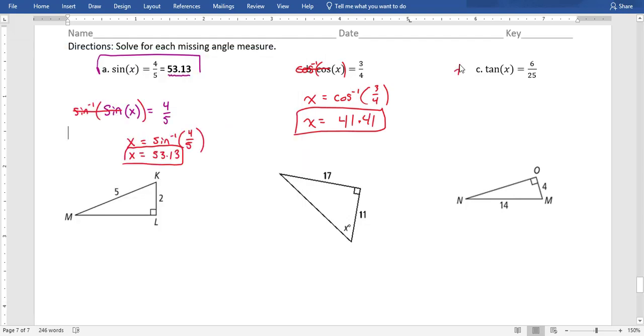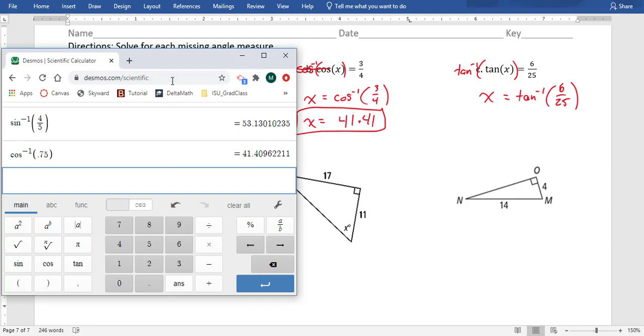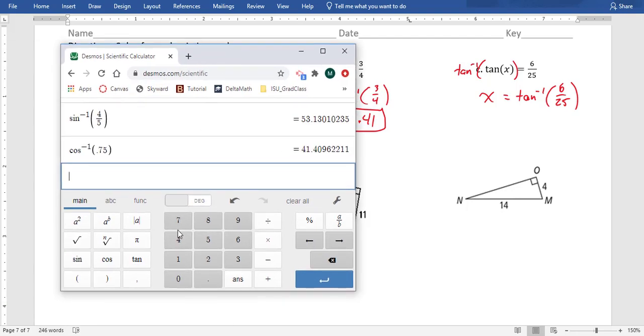Finally, let's do one more equation here. To get rid of a tangent, we need to use inverse tangent. So we have x equals, we've gotten rid of the tangent on the left side by using inverse tangent. But if I do it on the left side, I also need to do it on the right side. So I need inverse tangent of 6/25. Okay, it's like 0.24, I think.